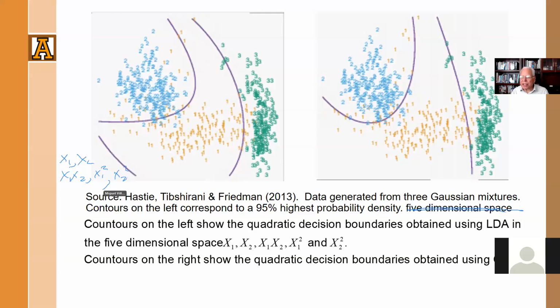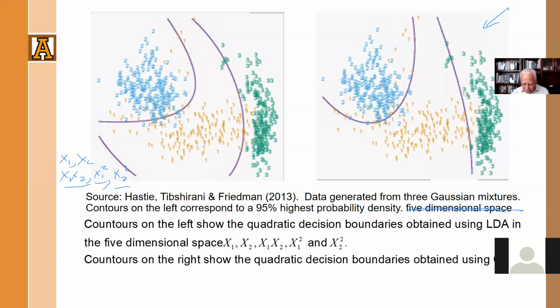These are my predictors, and that's the linear discriminant function. So it is a function of the squares, a second order polynomial in x1 and x2. And on the right, these are the boundaries of the quadratic discriminant functions, also with the 95% contours.